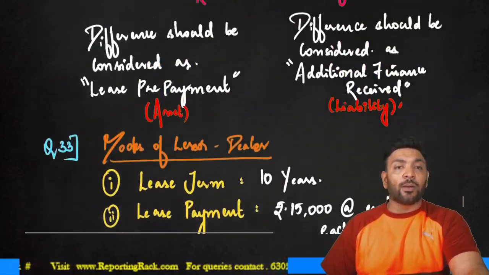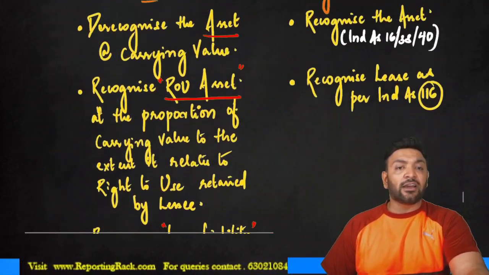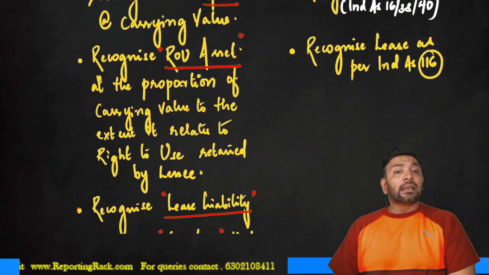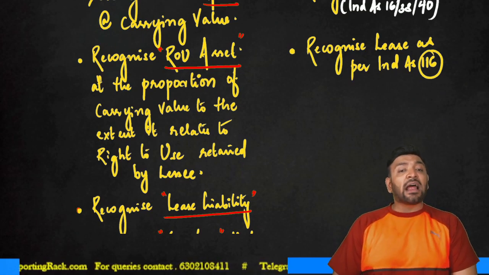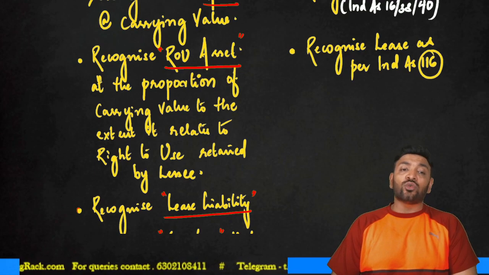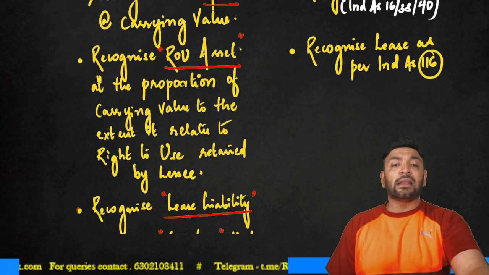One second. Let me go back to the paragraph. It is right here. Now look at it. Recognize the ROU asset at the proportion of carrying value to the extent it relates to right to use retained by lessee.